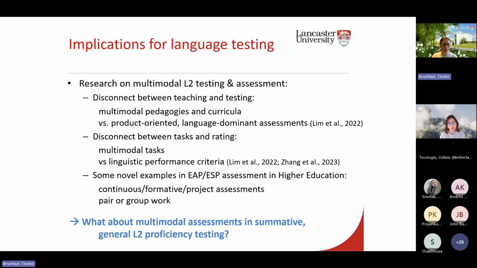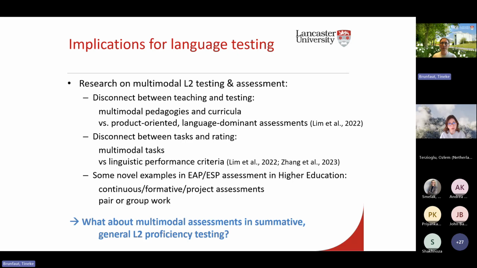What they also observed is that in those cases where there is multimodal task use, the performances on those tasks are still very often evaluated through traditional linguistic performance criteria.